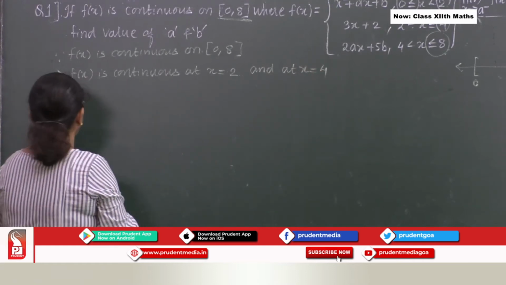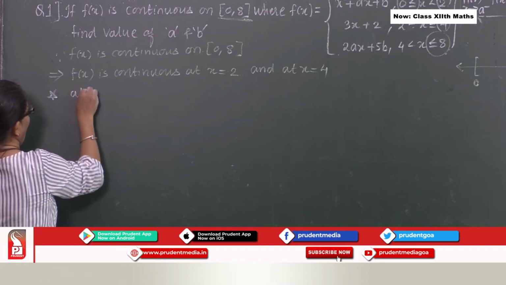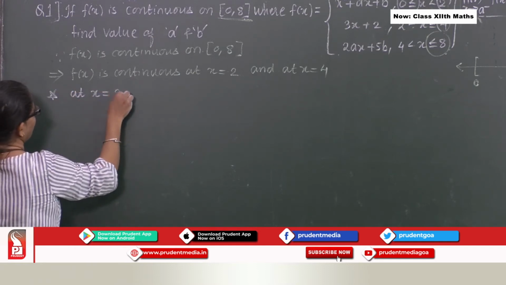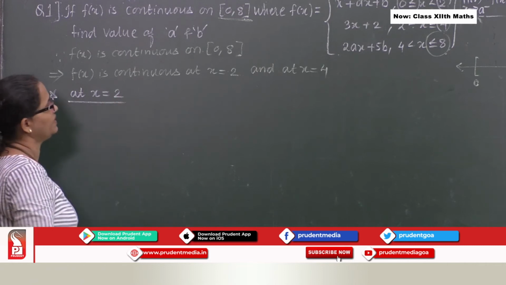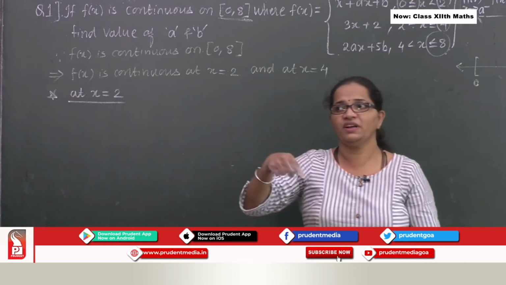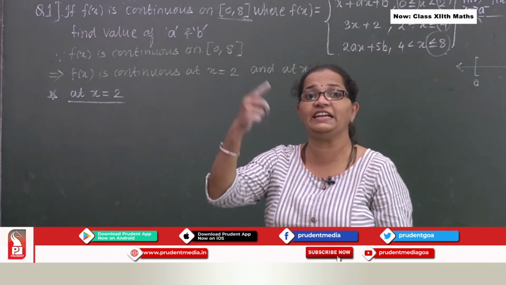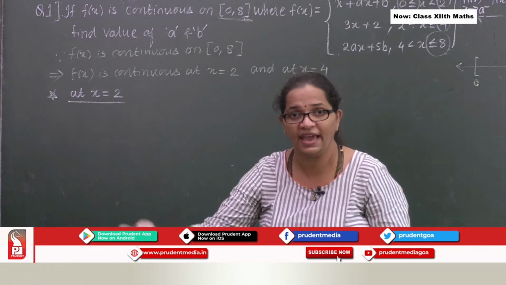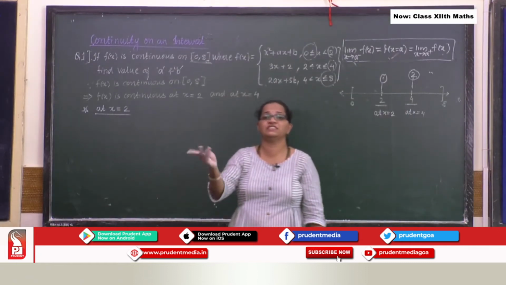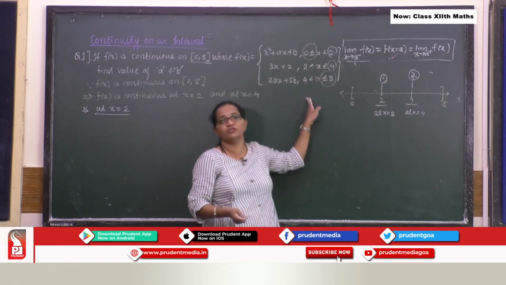Okay, so we will consider the first case at x equal to 2. So let us see what is happening at x equal to 2. Earlier we discussed continuity of a function at x equal to a; here we are supposed to discuss it twice, because you have two break points over here.